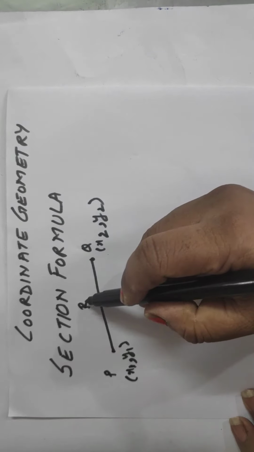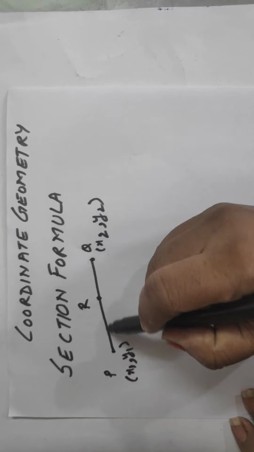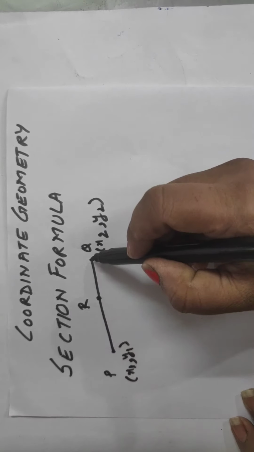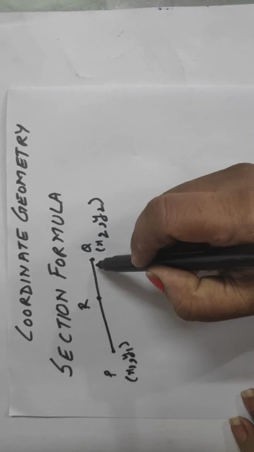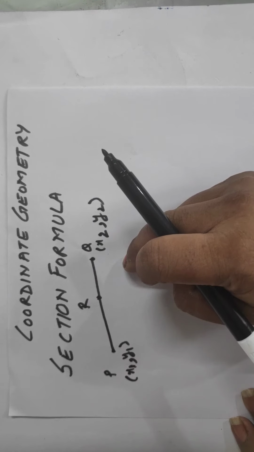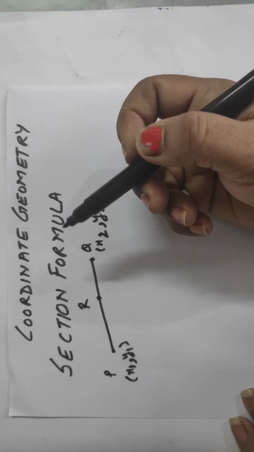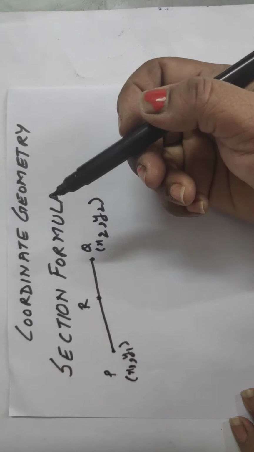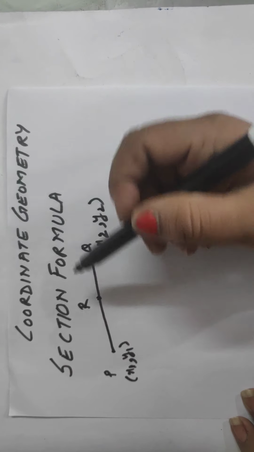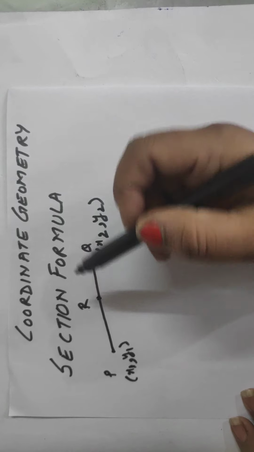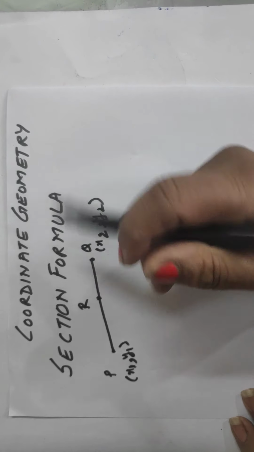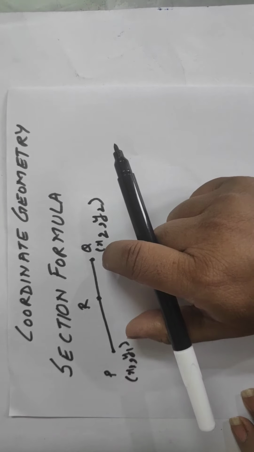And if there is a point R which divides this line segment PQ in a ratio, it could be 2:1, 3:1, 3:2, 4:5, or any ratio.